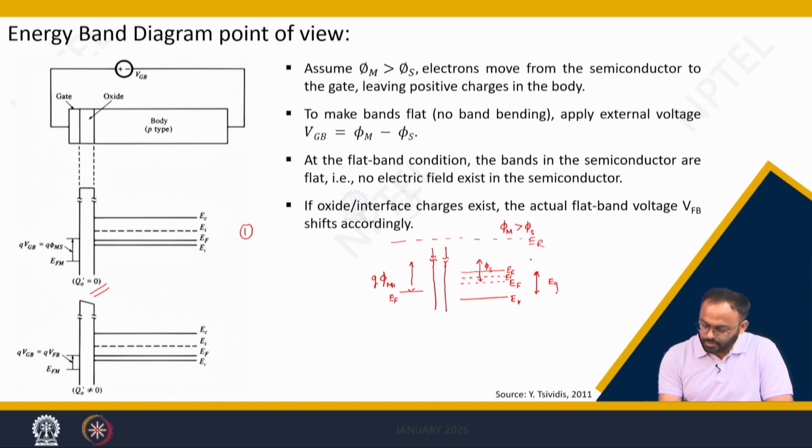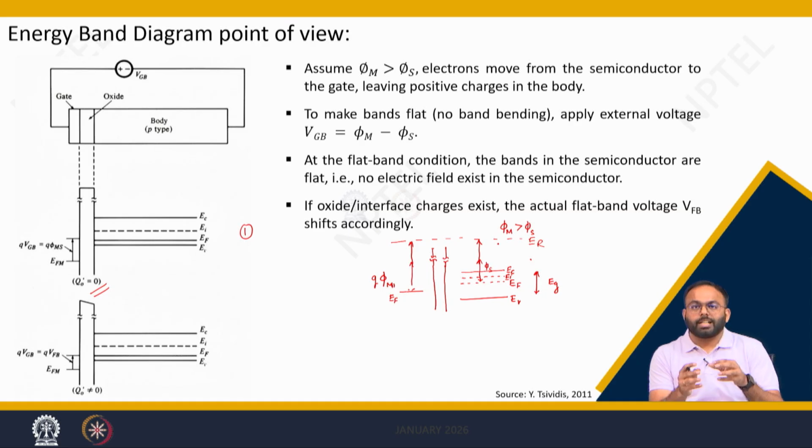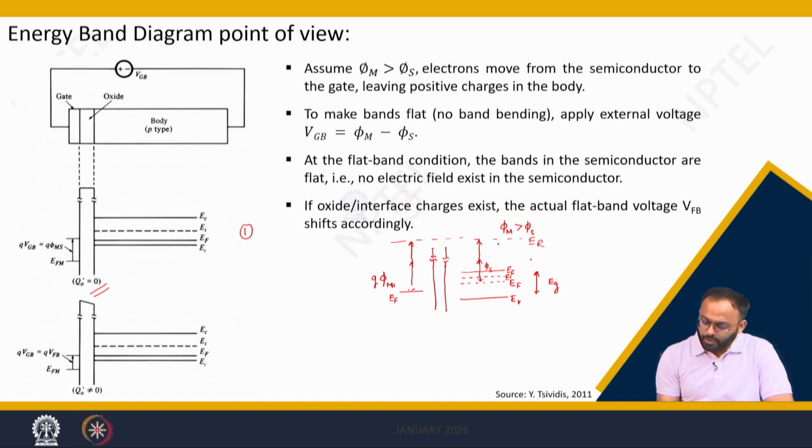This is Eg, which we are showing with some discontinuity, and this is now your phi m and this is now your phi s. The moment you connect them externally with a wire, what will happen? Because of the work function difference, there will be a charge transfer from semiconductor to metal.